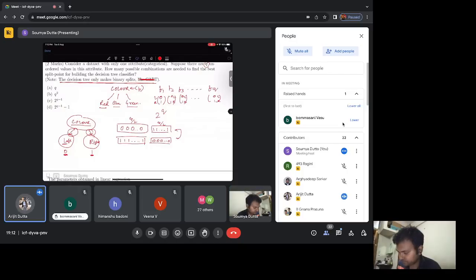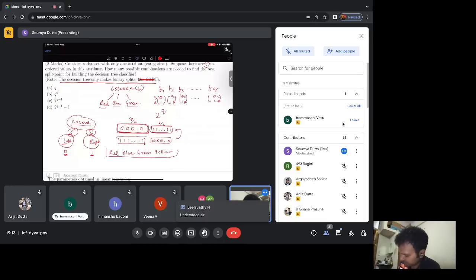Just not understood. Okay. So the thing that you have to understand here is, these are all values of the categorical variable that you are talking about. Now the first case shows that the first q by 2 values, let's say you have 4 values: red, blue, green and yellow.